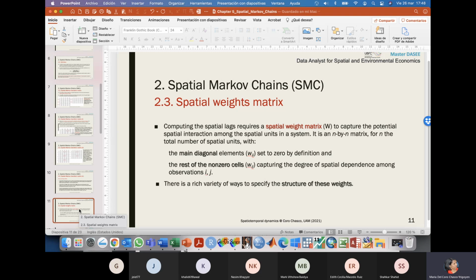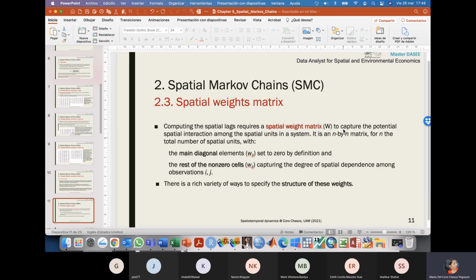So as I said, it is important to compute the spatial lags, and we will need, as ever, the spatial weight matrix to capture this potential spatial interaction. In fact, what we are considering are not the buildings or the trees or the cars stopped somewhere. No, we are considering people moving and commuting and interacting.